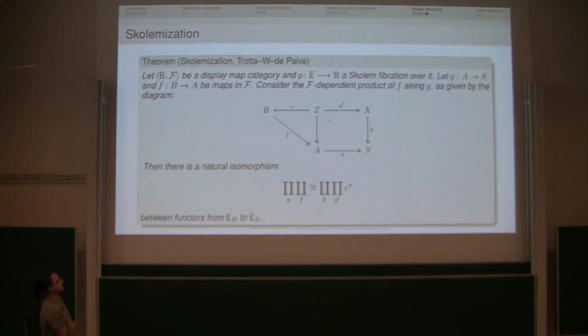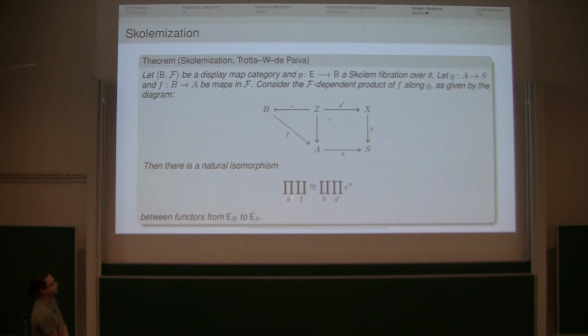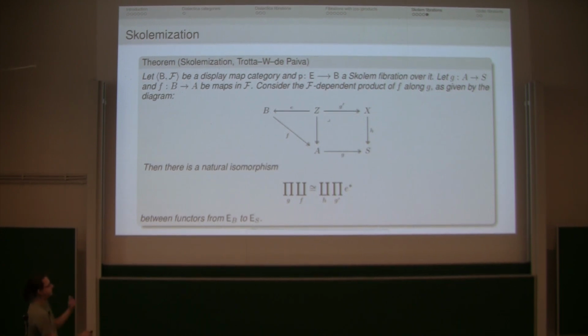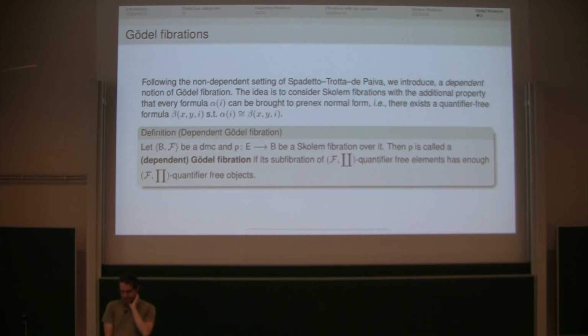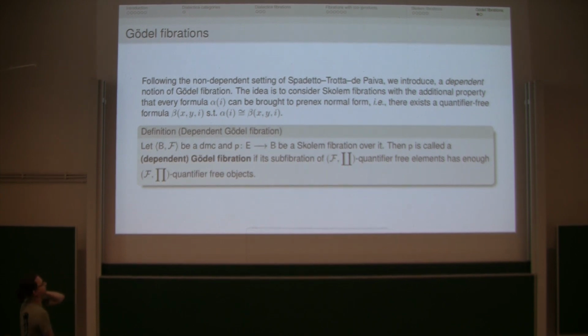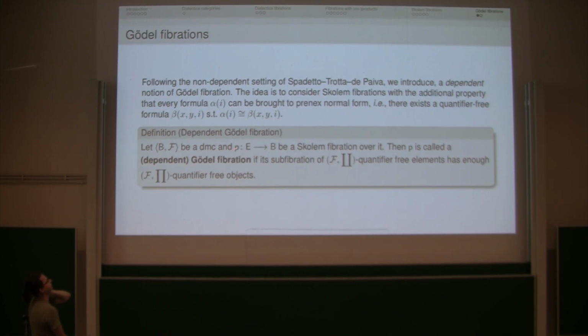And it turns out that this gives a sufficient categorification of this Skolem principle, which is expressed by an isomorphism, where you replace the quantifiers and the substitution by the corresponding transport maps from the tri-fibrational structure. And then to get the notion of a dependent Gödel fibration, we want this additional property that we can bring any formula into this kind of prenex normal quantifier-free form.